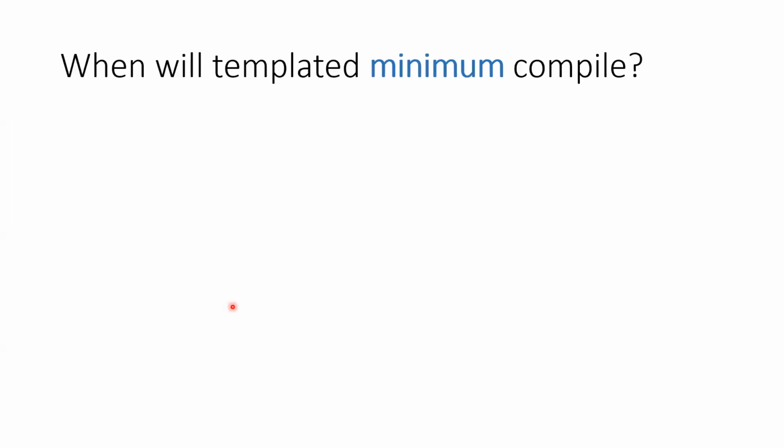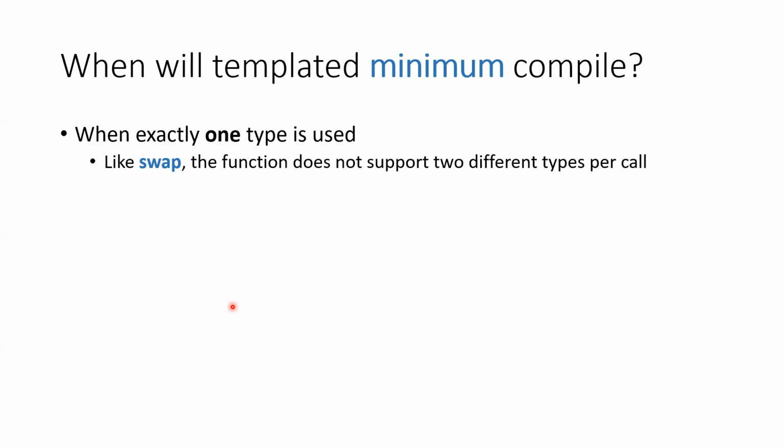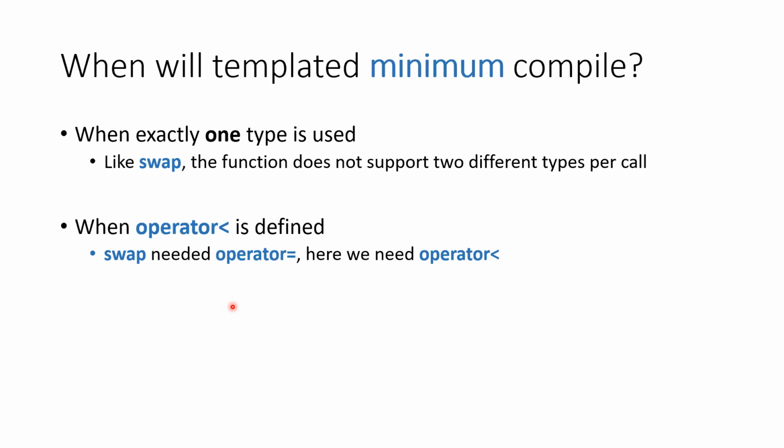So next thing to consider, when will this completed function compile? Templated function. So first, because A and B need to be the same type, so when exactly one type is used, just like swap.